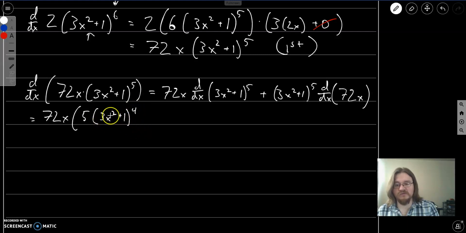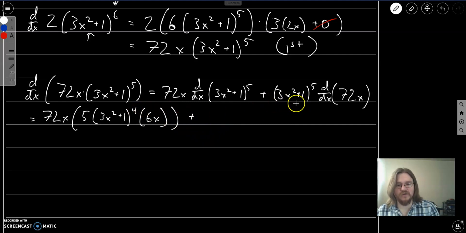So again, something to the 5th power, if you take the derivative, you get 5 times it raised to the 4th power. But with the chain rule, I'll have to take it times the derivative of the inside. And the derivative of the inside, we already calculated before. The derivative of 3x squared plus 1 was just 3 times 2x, so 6x. So that guy wasn't too bad to take the derivative of.